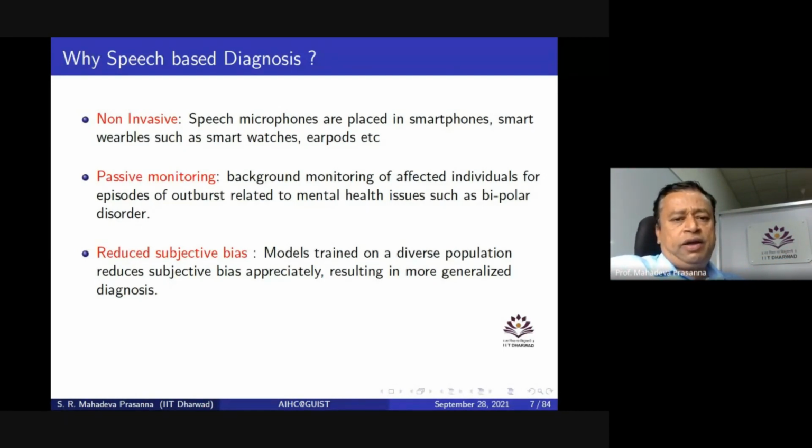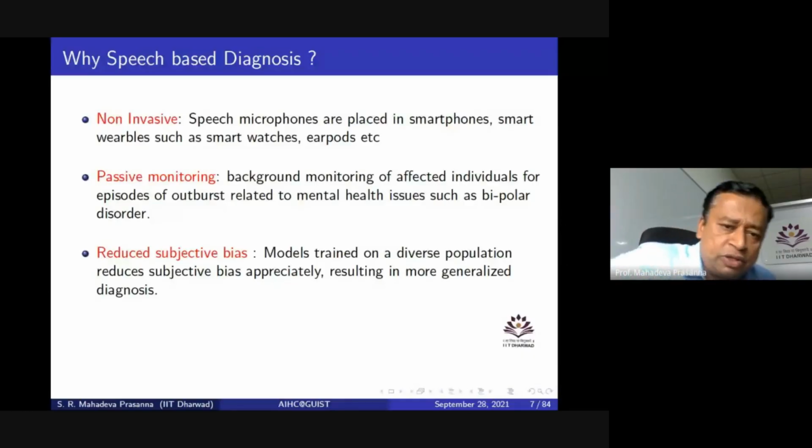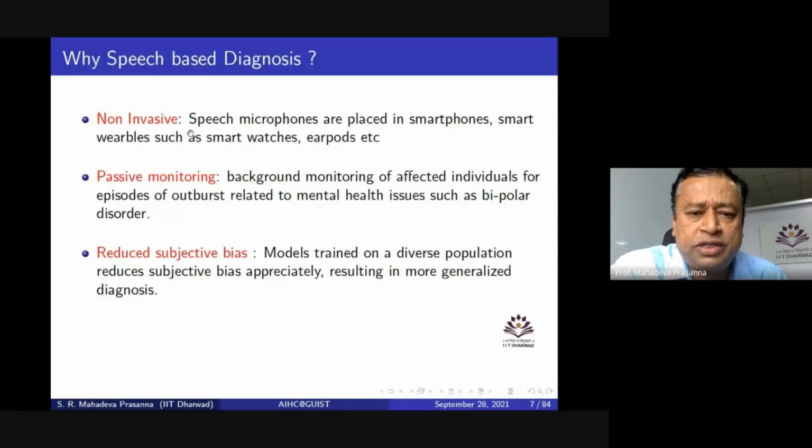The factors that are favoring use of the speech mode for diagnosis: first, it is non-invasive, so you don't have to adopt any invasive technique to collect the speech data. Further, most consumer electronic devices like smartphones, wearables, smartwatches, earpods, etc., come with microphones which are well optimized to the best possible SNR to collect speech data.